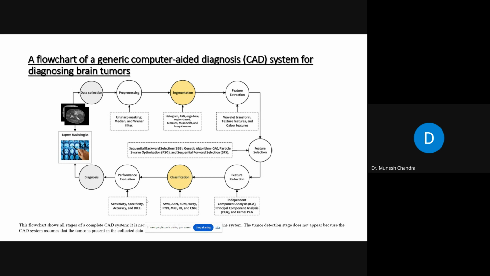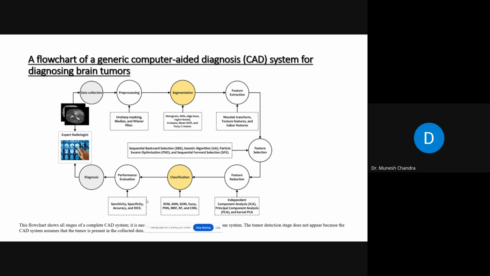Once the features are reduced to the maximum possible level, then we do the classification. For classification, we use algorithms like SVM, ANN, SOM, fuzzy, PNN, MRF, RF, and CNN. All the algorithms before CNN are for machine learning, but if the size of data is large and the data is unstructured, then we can go for the CNN. After the classification, we have to do the performance evaluation.